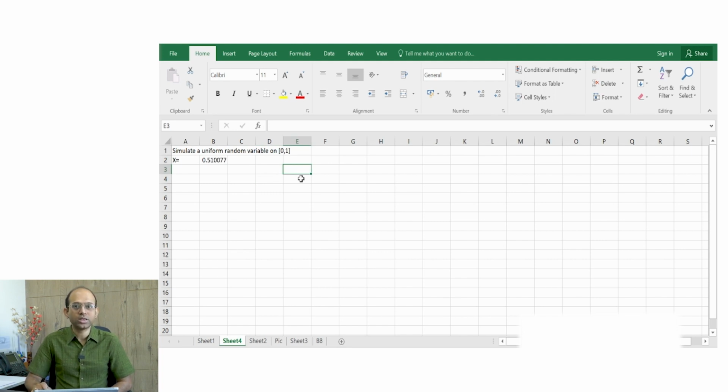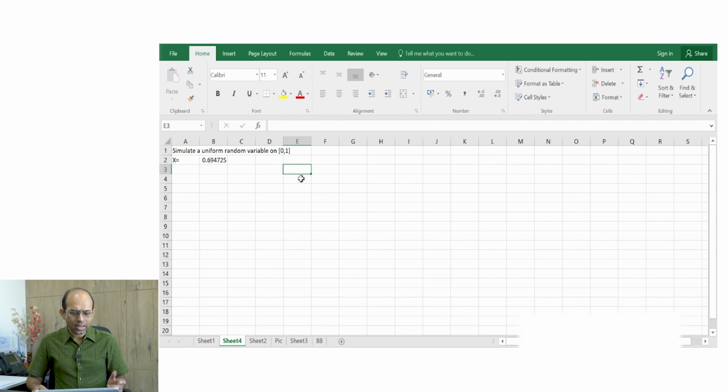So we are going to see different realizations of the random variable. All the time we are getting a number between 0 and 1, and these numbers are random samples from the population which has distribution uniform on the interval 0 1.